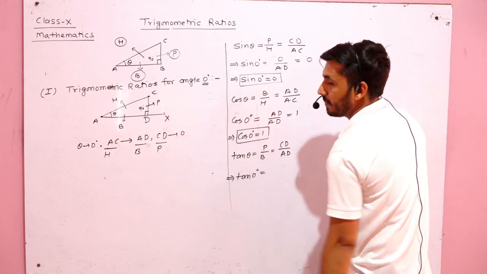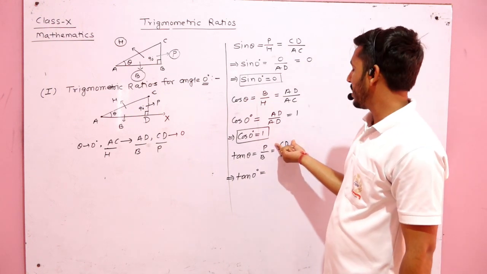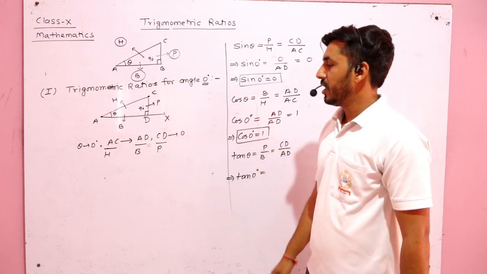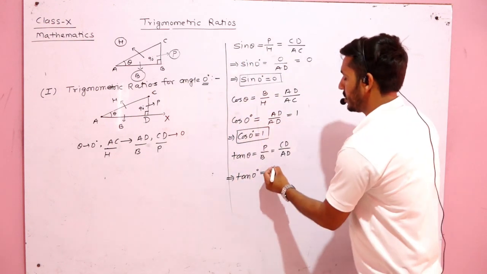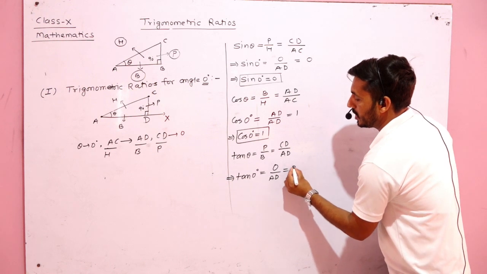In the condition when I am moving theta towards 0 degree, tan 0 degree will be, okay, let us see what the value of CD is when I am moving theta towards 0 degree. You can see here CD is tending to 0. It means it will be 0 upon AD, and the obtained value will be 0.